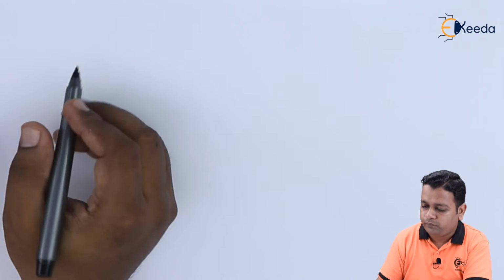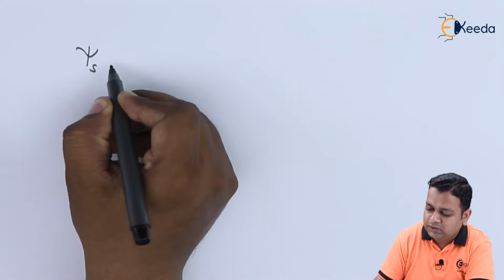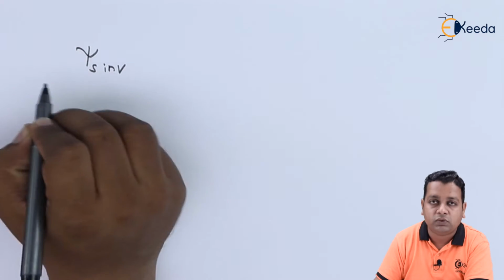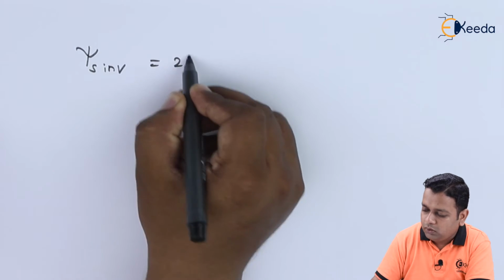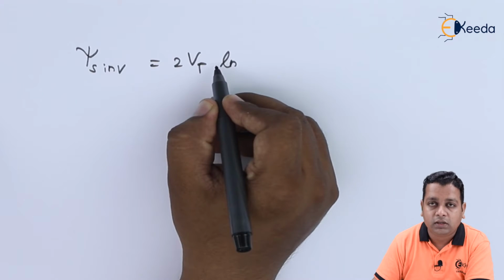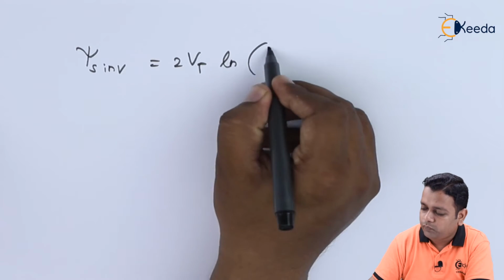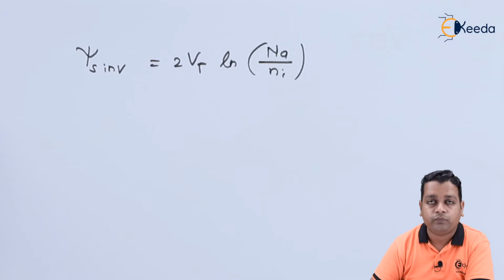Now the surface potential is given by the formula. The surface potential is represented psi suffix s. In the suffix I mention I and P. So this is equal to twice of capital Vt natural logarithm of the ratio of Na to that of Ni.